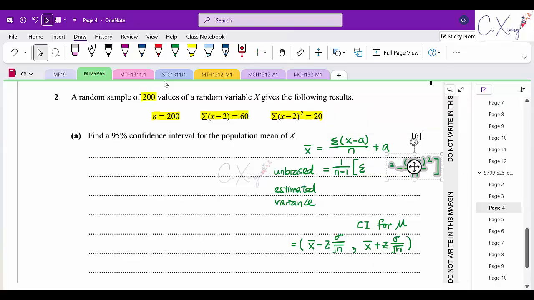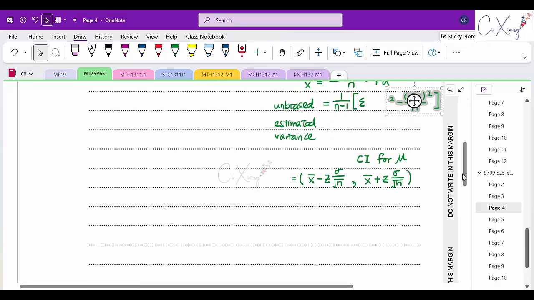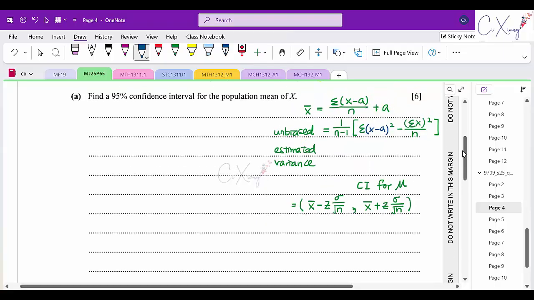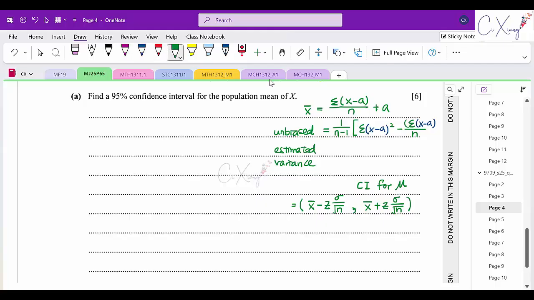When I write it out, originally it is x squared, right? Then I just want to change it to become x minus a squared. Similarly for the summation of x, you have to change it to become the summation of x minus a, then squared.